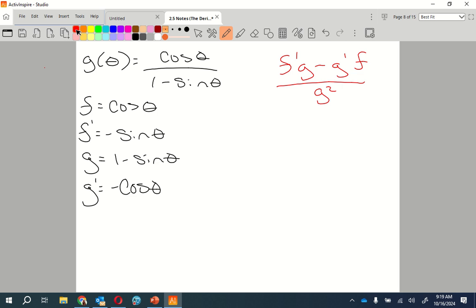And go through there. So I get negative sine theta times g, which is 1 minus sine theta, minus g prime, which is cosine theta, plus sign, because it's a negative and I have a minus sign there, and then times f, which is cosine theta.